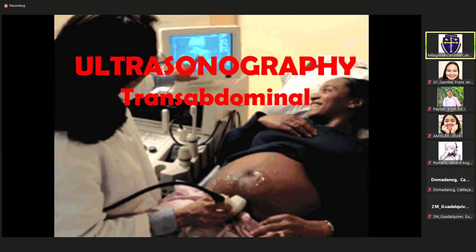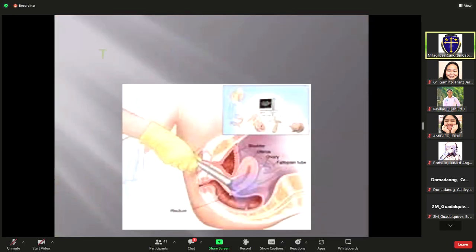And the other one would be your transvaginal ultrasound. Okay, transvaginal ultrasound. So, a probe is inserted in the vagina to view the internal structures of our reproductive system, guys.